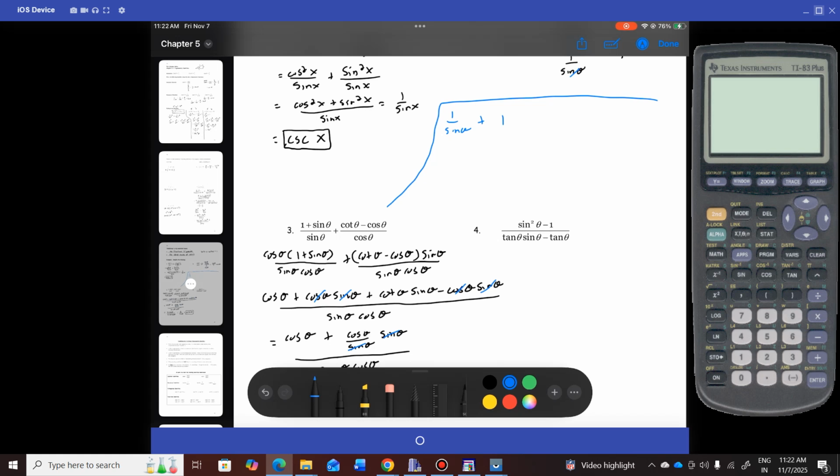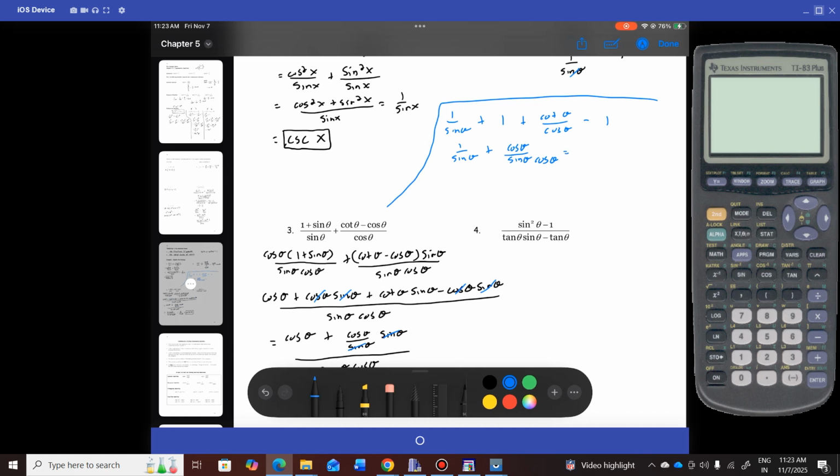Sine over sine is 1 plus cotangent theta over cosine theta minus 1, which then gives us 1 over sine theta plus, and I'm going to switch this to cosine theta over sine theta cosine theta, which then the cosine thetas cancel out.